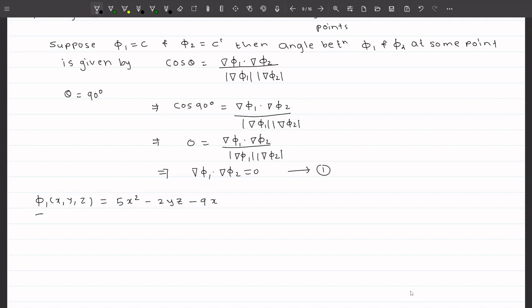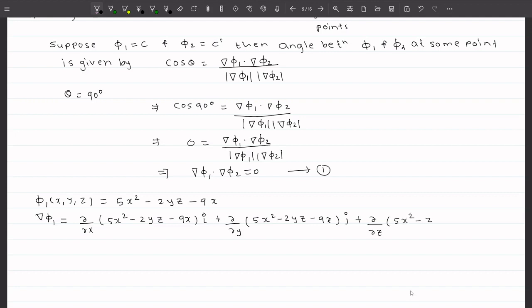Now the gradient of phi 1, as we know, is ∂/∂x of (5x² − 2yz − 9x) i plus ∂/∂y of (5x² − 2yz − 9x) j plus ∂/∂z of (5x² − 2yz − 9x) k.